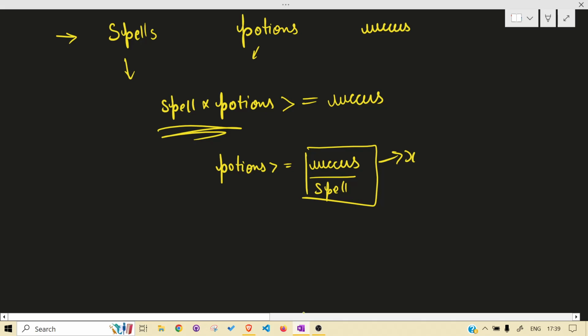Now this whole thing boils down to this: we are finding whether any potion is greater than or equal to x.